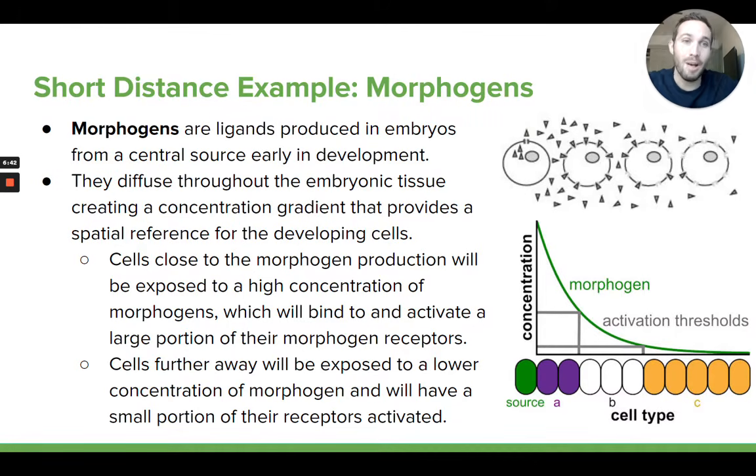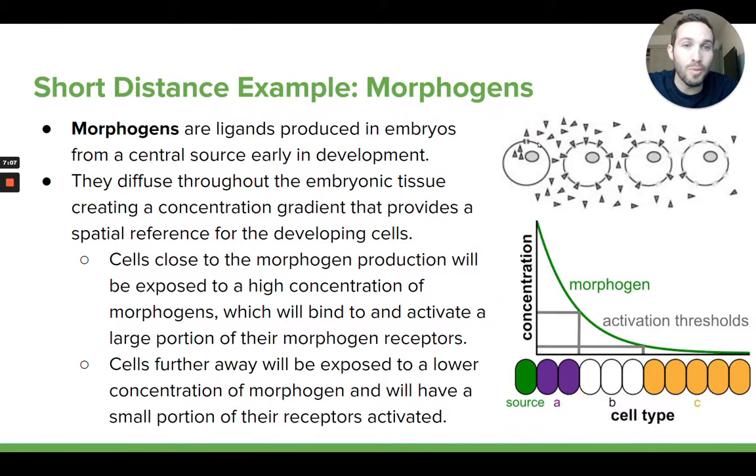So imagine very early on, you have a fertilized egg, and that fertilized egg has now divided into a clump of cells. Then some of those cells are morphogen producing cells. So certain cells start releasing the signaling molecule called a morphogen. So morphogens are signaling molecules being released by some of these very early embryonic cells.